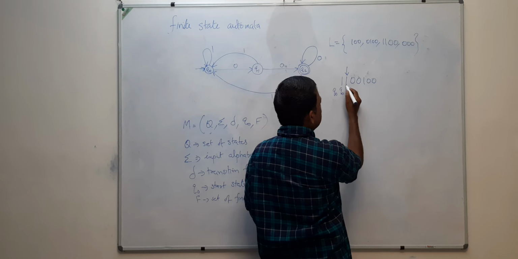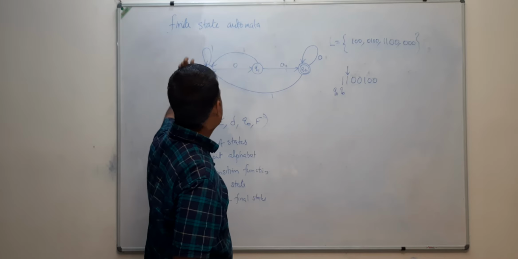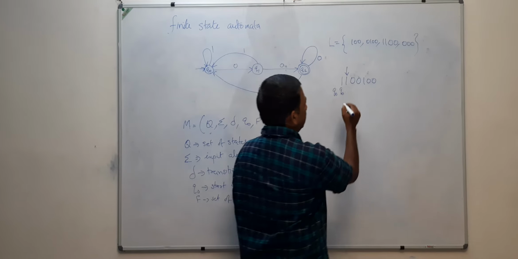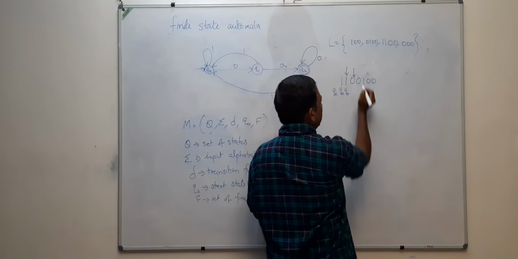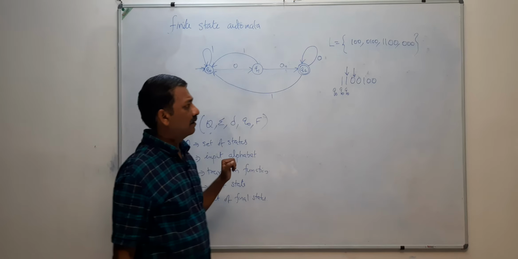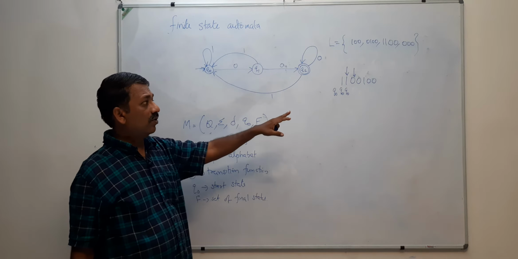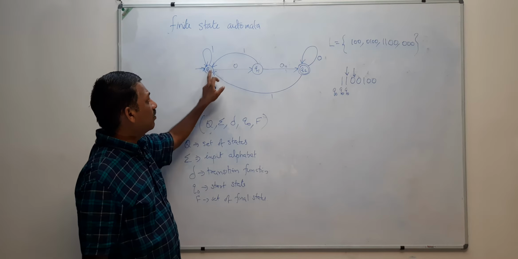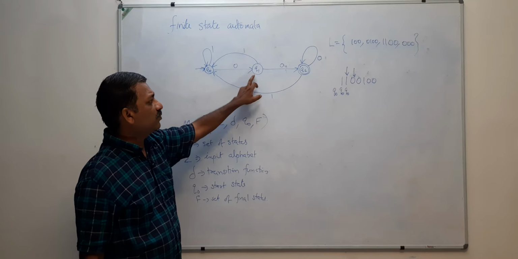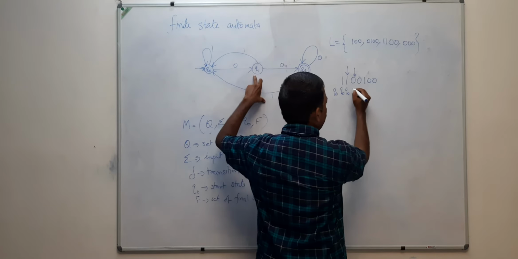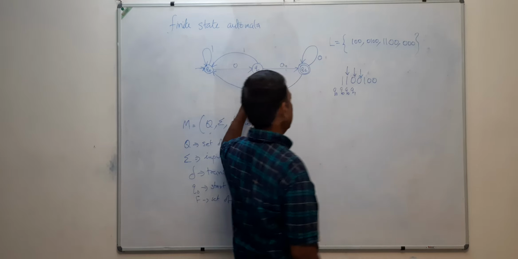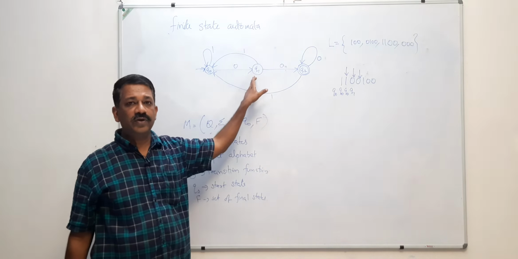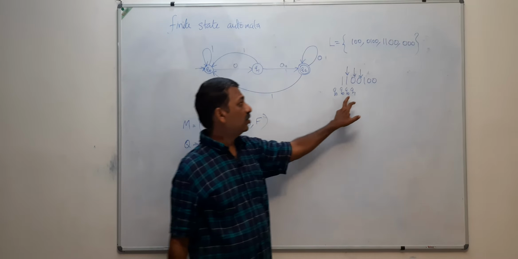Q0 upon receiving 1 again stays in Q0 and advances to the next input symbol. Now Q0 is reading 0. Q0 upon receiving 0 switches to state Q1, and the input pointer advances to the next input symbol.